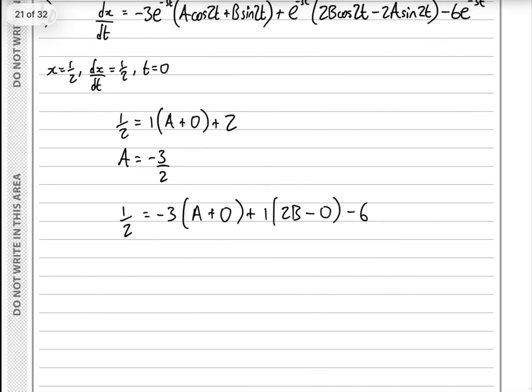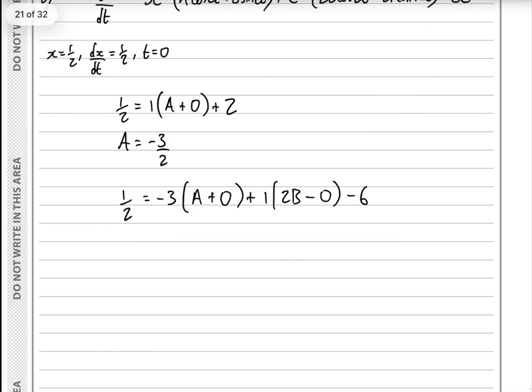And we know a is minus 3 over 2, so a half minus 3 times minus 3 over 2 is 9 over 2, plus 2b minus 6, that gives me 8 over 2 minus 4, 2, and therefore b is a 1.